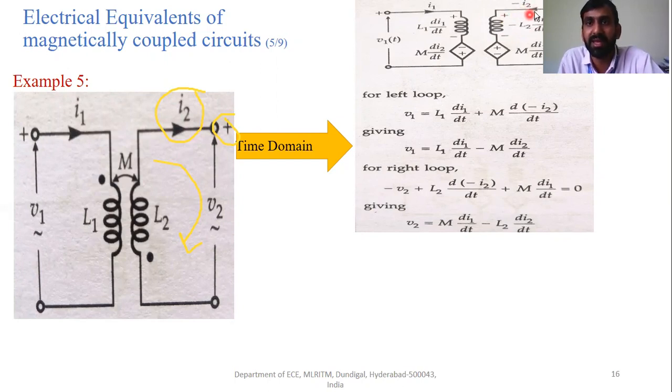If you consider it as minus I2, V1 is equal to L1 dI1 by dt plus M into d of minus I2 by dt, which gives L1 dI1 by dt minus M dI2 by dt. So this M term is negative over here due to the reverse direction of the current.